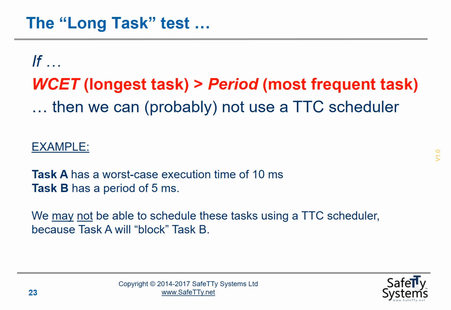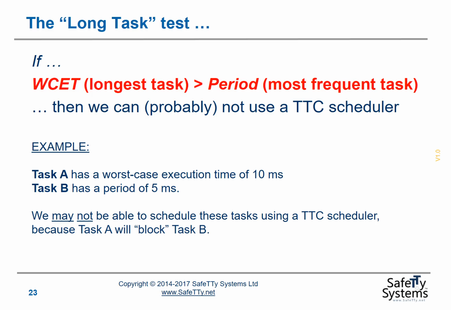More generally, if the worst case execution time of the longest task in our system is greater than the period of the most frequent task in our system, then we can probably not use a TTC scheduler. This applies to every mode in the system. Every task set in every mode, we have to apply this test.